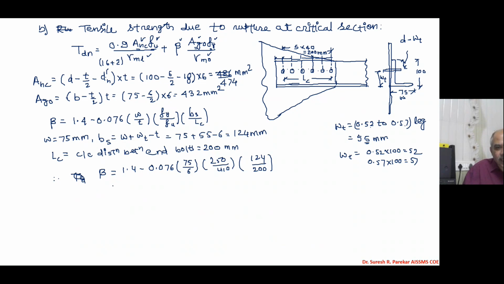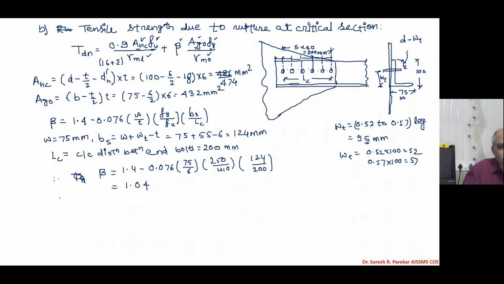And then we get 0.076 into 75 by 6 multiplied by 250 by 410 into 124 divided by 200, plus 1.4, and we have this value 1.04.